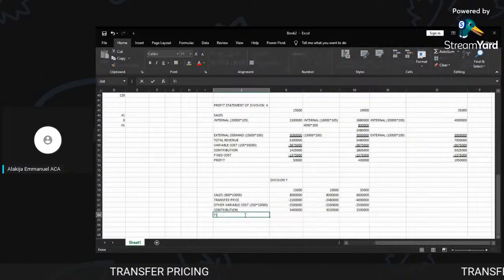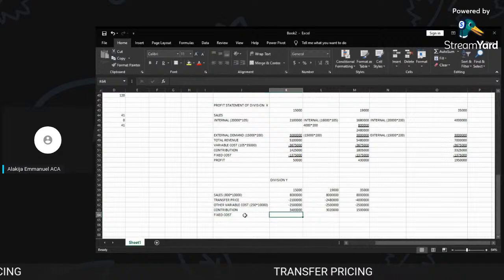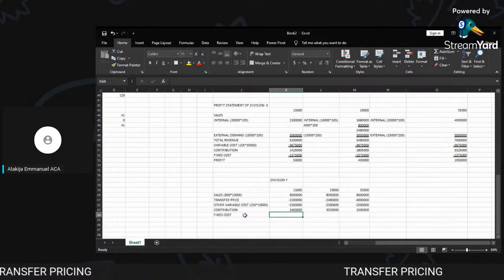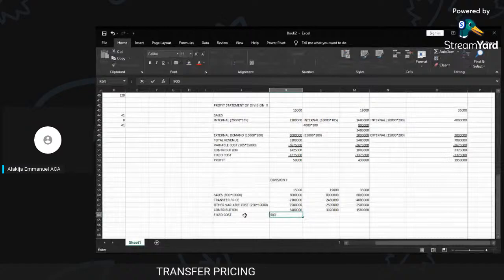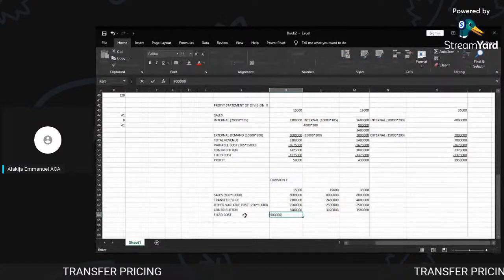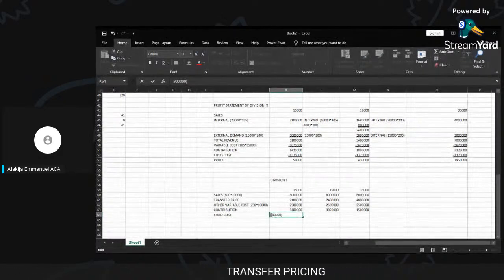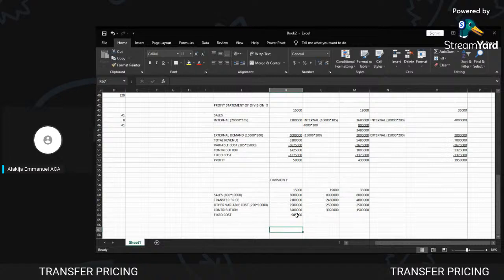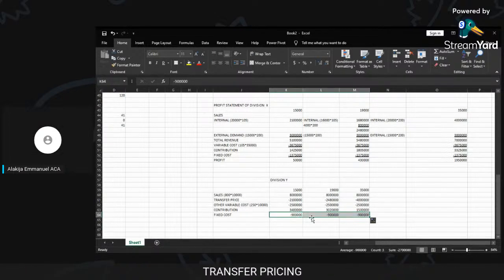So fixed cost is 900,000, and it does not change regardless of the level of activity.